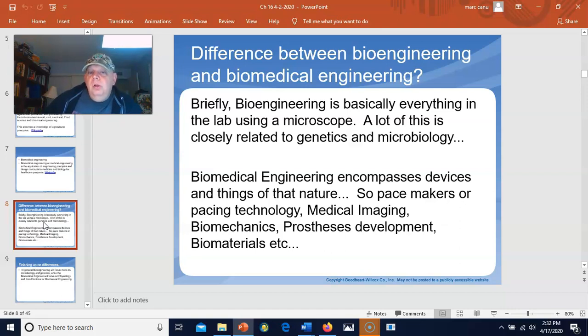The parts that you're seeing here are parts of that conversation, and those are his words, not mine. Biomedical engineering encompasses devices and things of that nature: pacemakers or pacing technology, medical imaging, biomechanics, prosthesis development, biomaterials, etc.